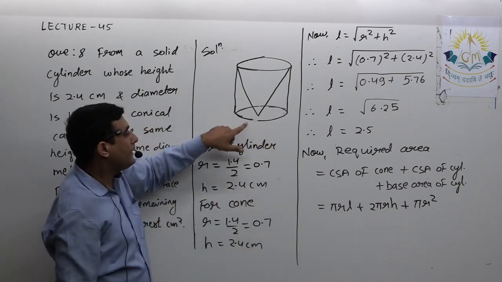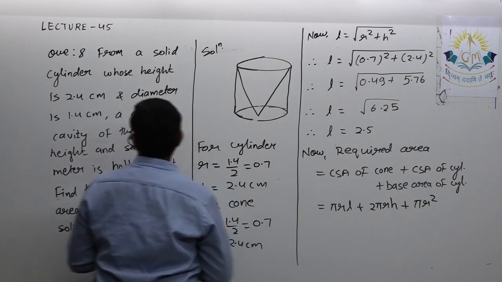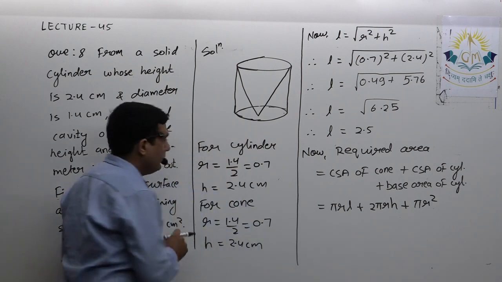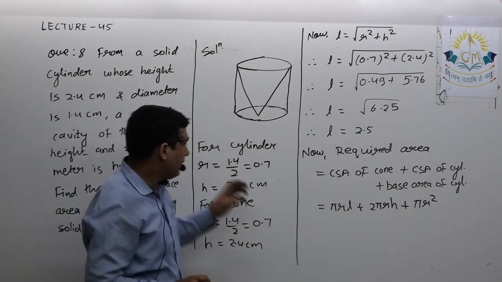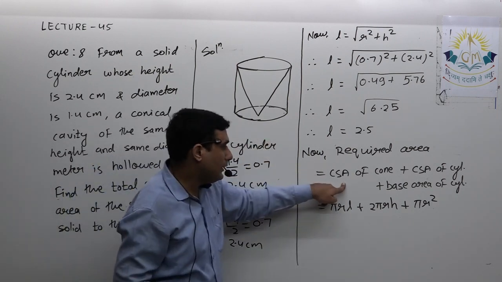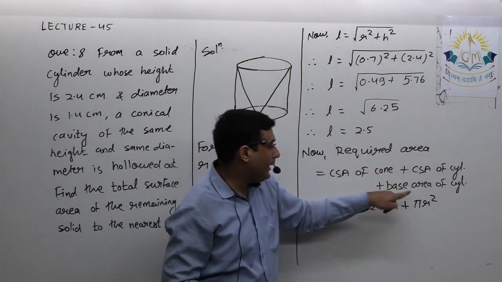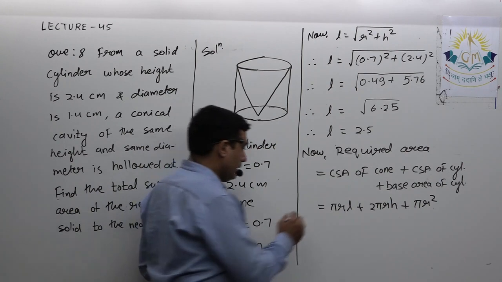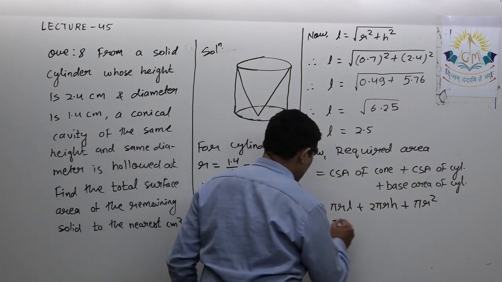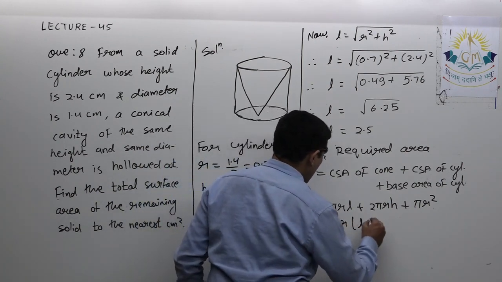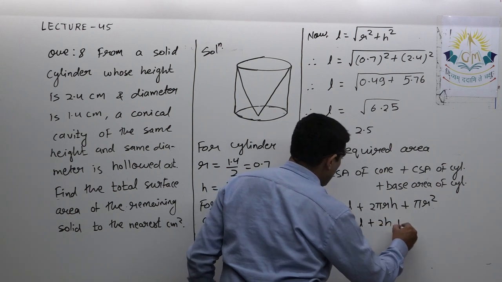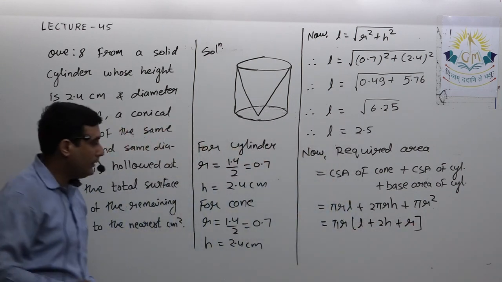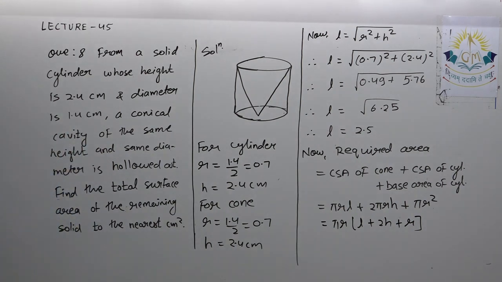So in that case we won't add this. But this is a solid cylinder, like a toy or a block, which is not actually fixed. So we have to add CSA of cone, CSA of cylinder, and base area of cylinder to get the total area of the solid. Now from this, it is very easy to take pi r common: L plus 2H plus R. Note it down up to this point, then we'll see the remaining solution.